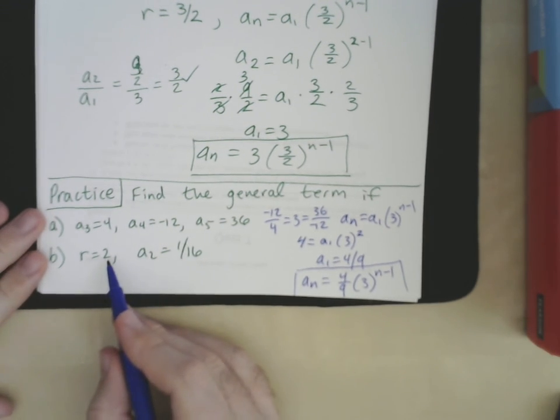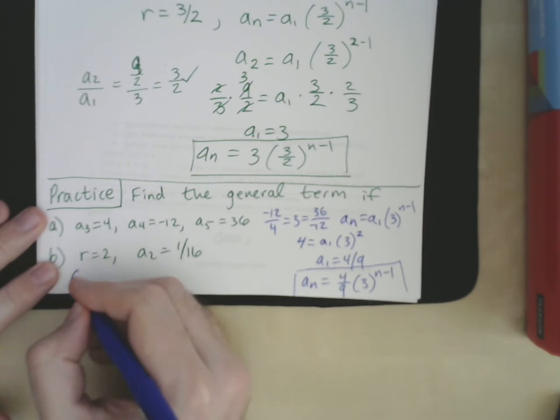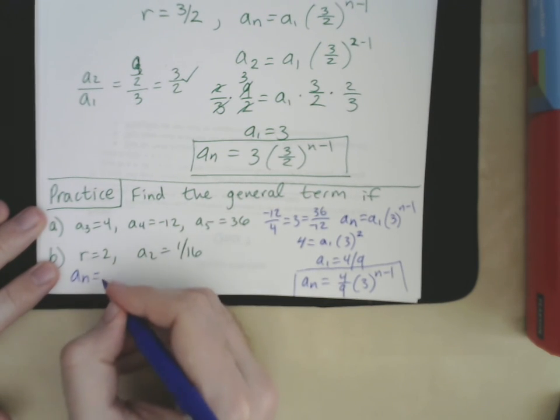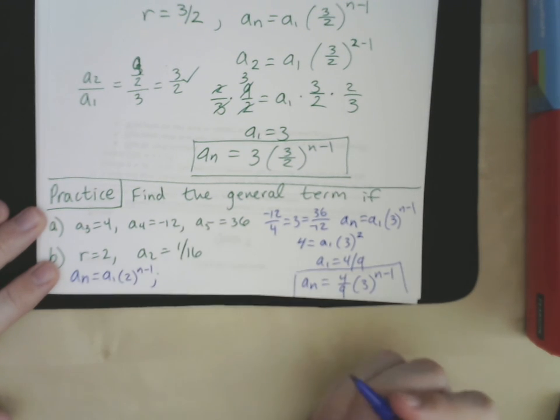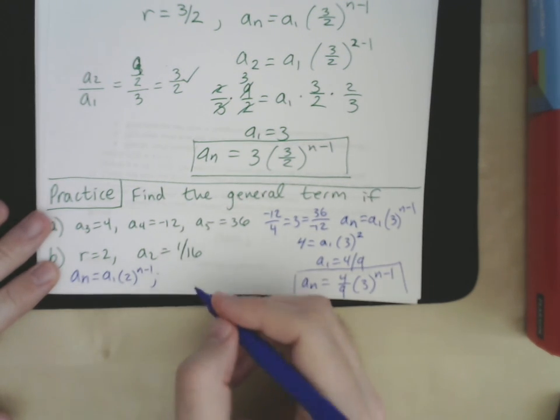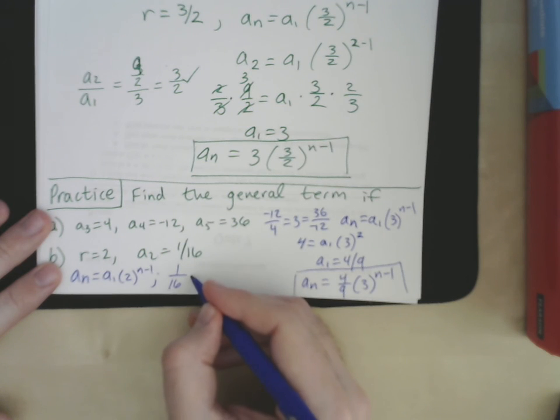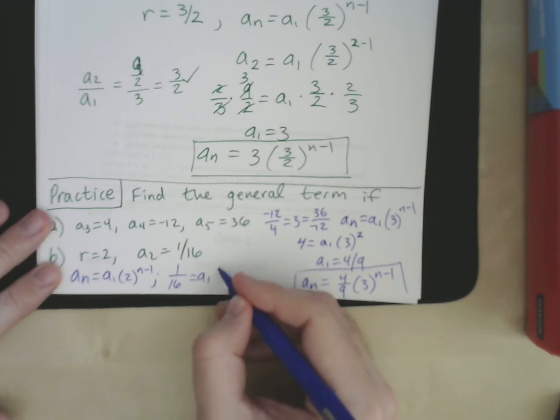And here, since we're given r, a sub n has to equal a sub 1 times 2 to the n minus 1. And we were given a sub 2, so 1 over 16 has to equal a sub 1 times 2.